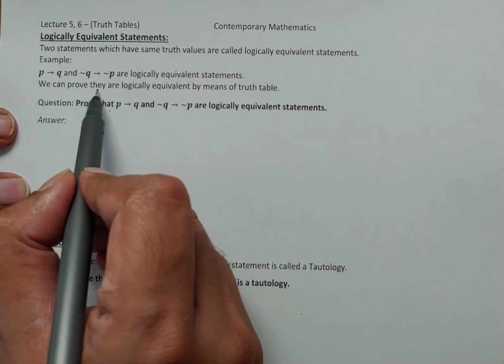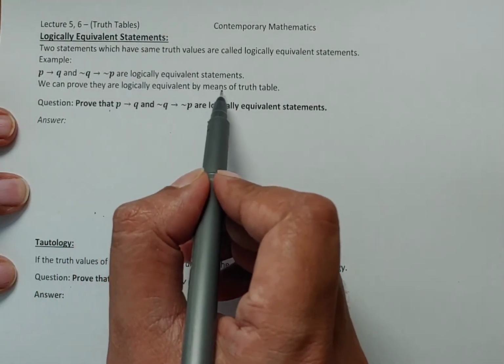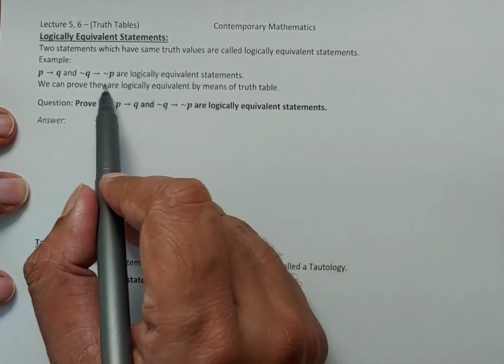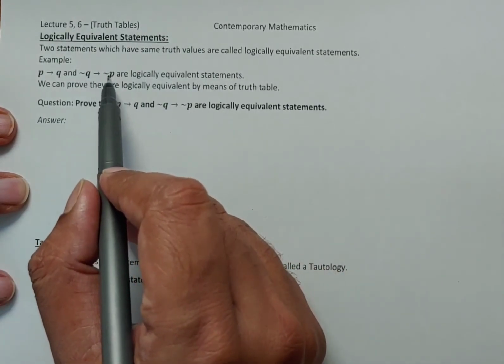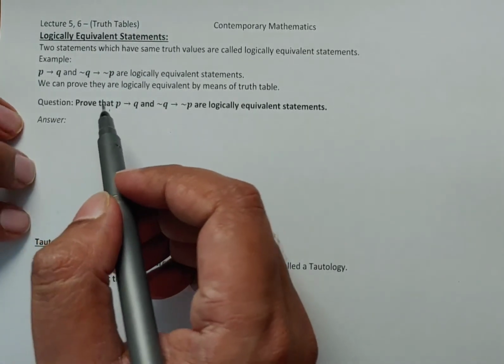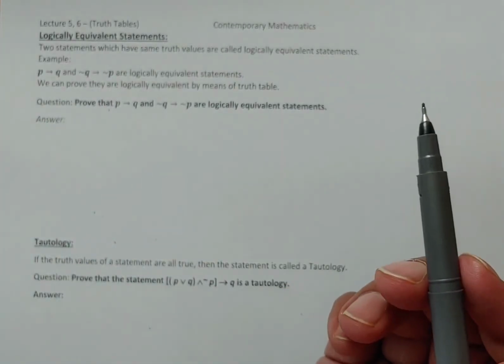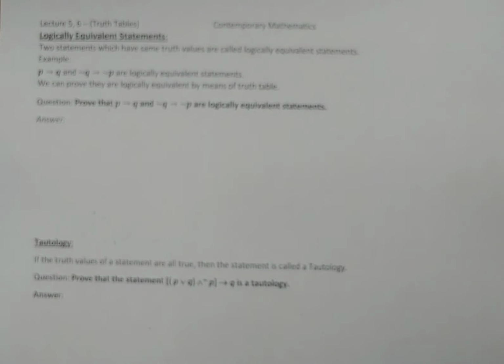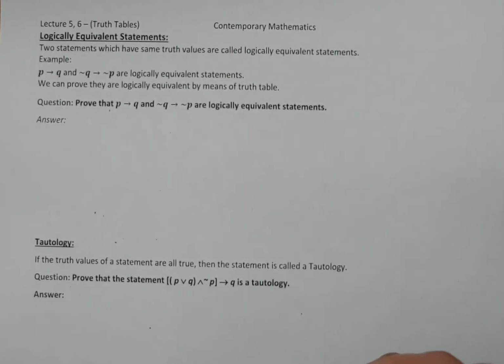We can prove they are logically equivalent by means of a truth table. So we draw the truth table for negation of Q implies negation of P, and you draw the truth table for P implies Q. If their values are the same, then these are logically equivalent statements.